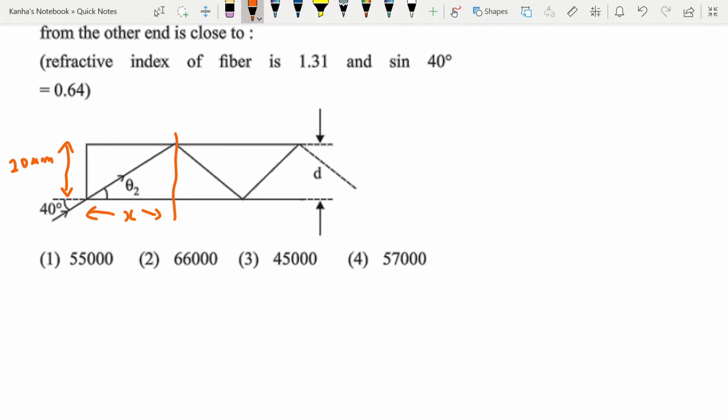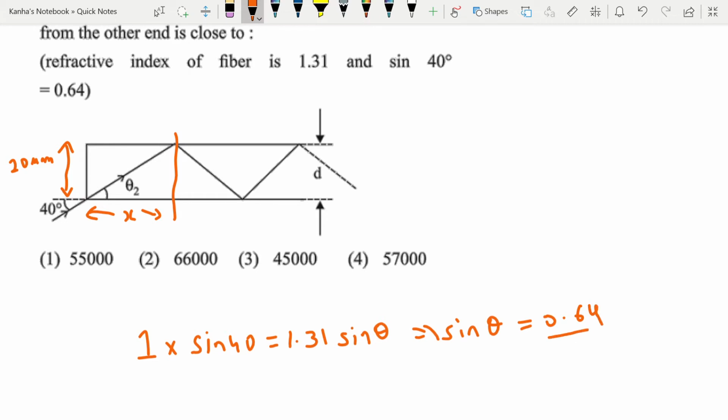Now if I use Snell's law of refraction, I have 1 into sine 40 is equal to 1.31 into sine theta. That implies I can write sine theta as 0.64 divided by 1.31, which is nothing but 0.5. That implies theta is equal to 30 degrees.